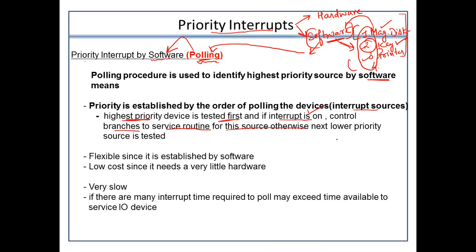Whenever we are using software based priority interrupts, we have one common subroutine handler, or the branching. Whenever an interrupt arises, the system has to take care of it.